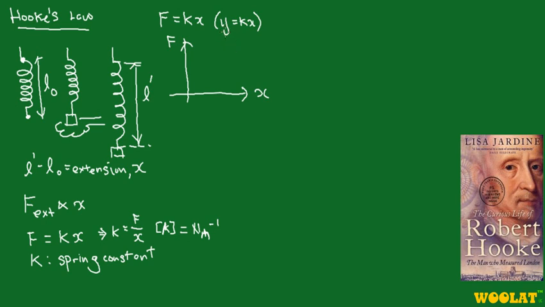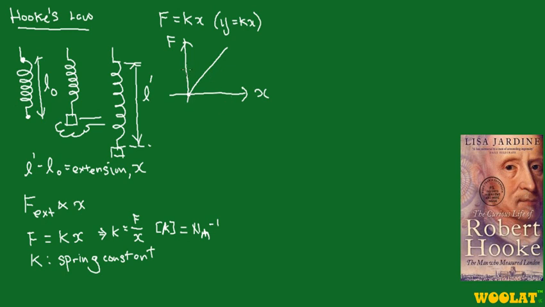I put the symbols here, y and x, meaning that y is the y-axis and x is the x-axis. In terms of Hooke's law, the y-axis is represented by the force and the x-axis is representing the extension. So y equals kx graph will look like that. It's a straight line graph with a constant gradient and it's passing through the origin.